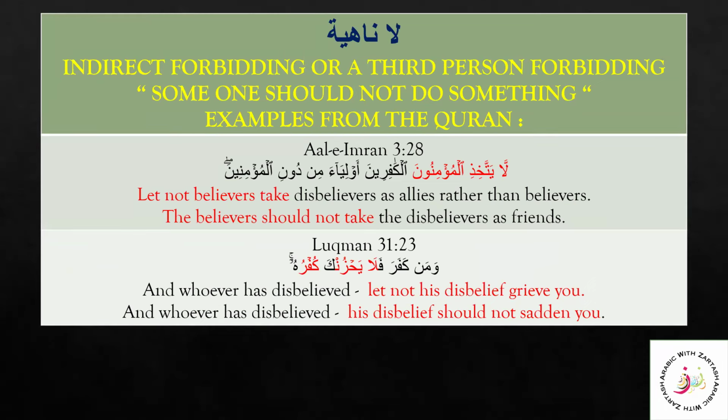Let's see where this indirect forbidding is mentioned in the Quran. The first example is La yattakhizil mu'minuna al-kafirina. Here you can see this la. You see two types of translations in different mushafs: let not believers take, or the believers should not take.